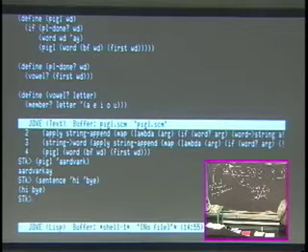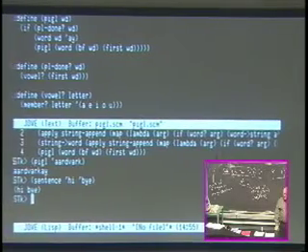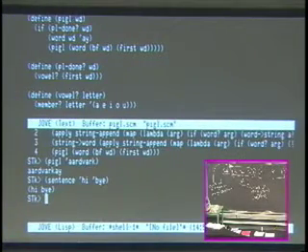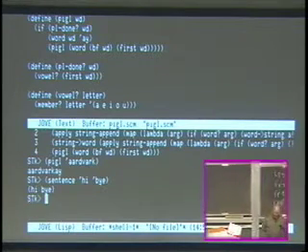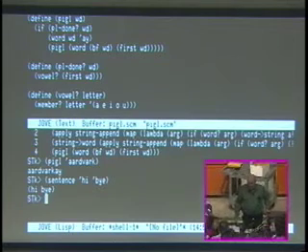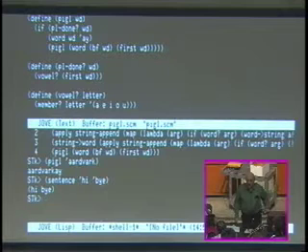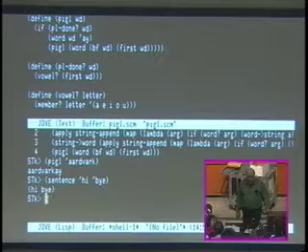Say it again? Help with Scheme. You're looking for documentation on Scheme?